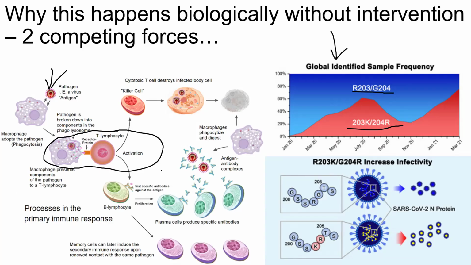So after you get infected with something, or if you're vaccinated against something, you generate these adaptive immune cells, these cells that can specifically be used to target a very specific infectious agent or pieces of an infectious agent. And when you generate memory, you basically scale that response.